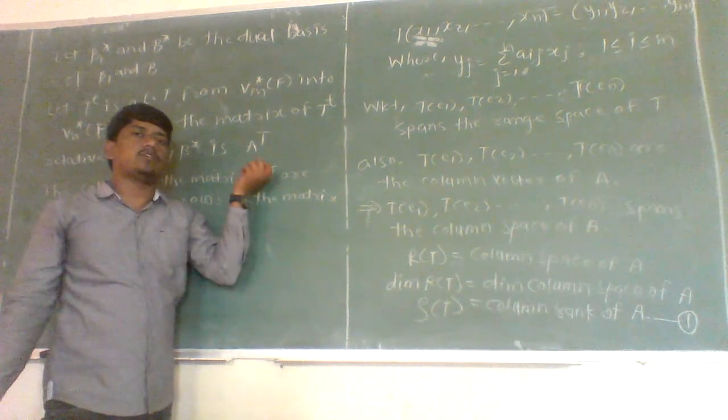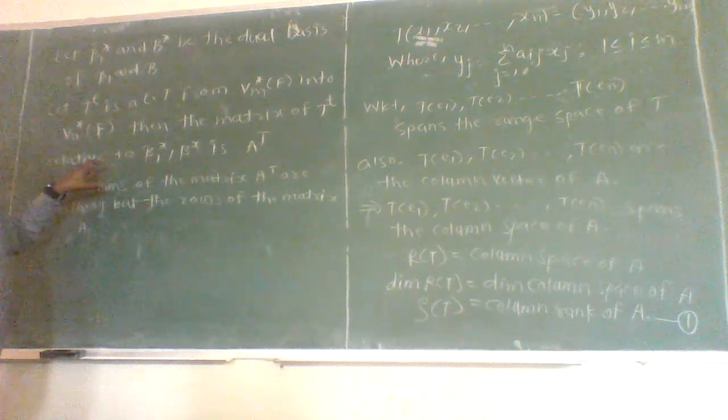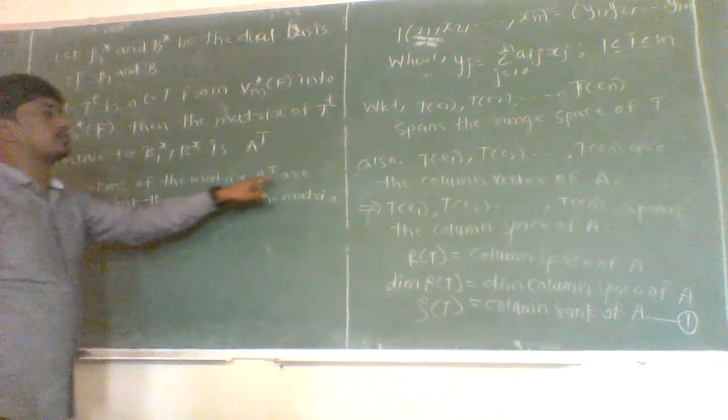Then the corresponding matrix is said to be the transpose of the given matrix. Therefore, from this we say that the columns of the matrix A transpose are nothing but the rows of the matrix A.